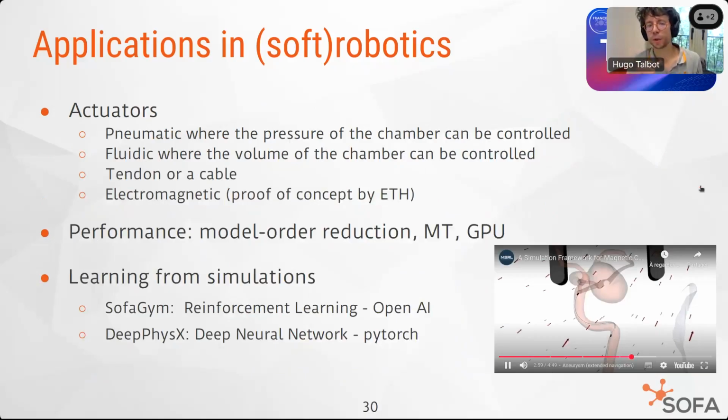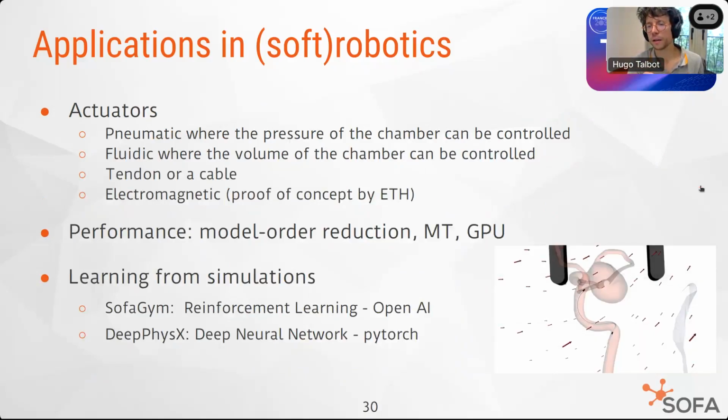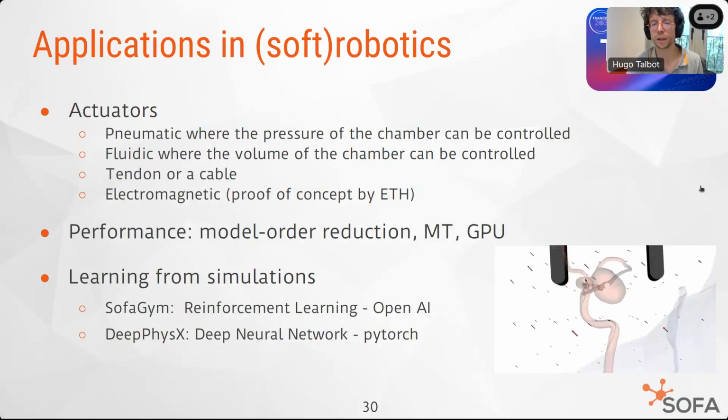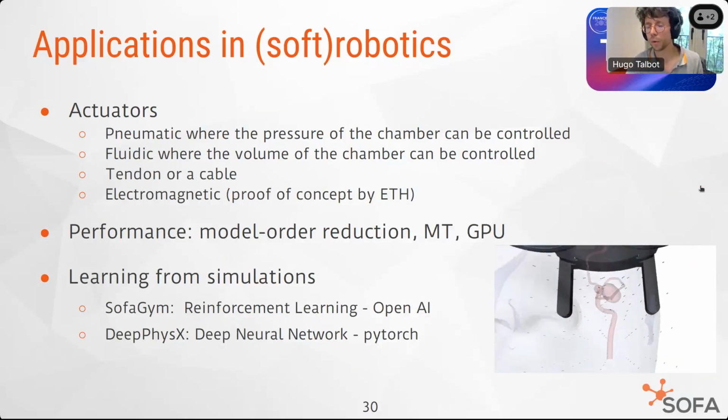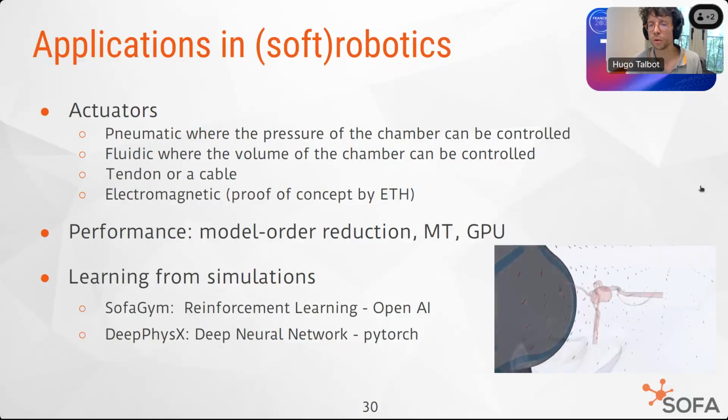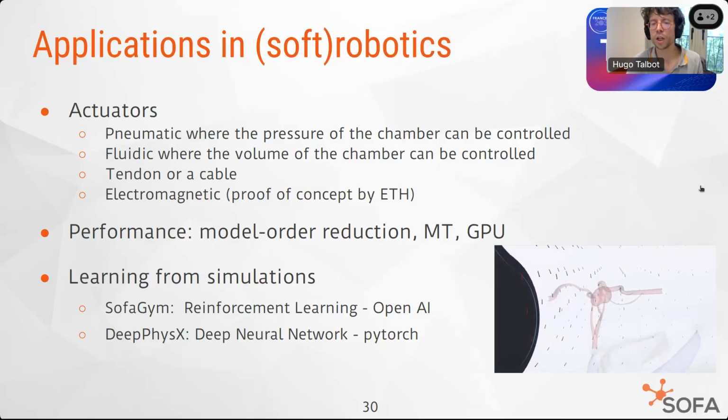And for that, in soft robotics, as you can guess, we have a set of plugins that come, for some of them, automatically with SOFA when you download the binary versions of SOFA, providing pneumatic actuators, fluidic actuators, cable actuators. There is even, on the bottom right, what you see here: a simulation from colleagues at ETH in Zurich, in Switzerland, where they are actually using SOFA to learn how to control a catheter which has an electromagnetic tip.